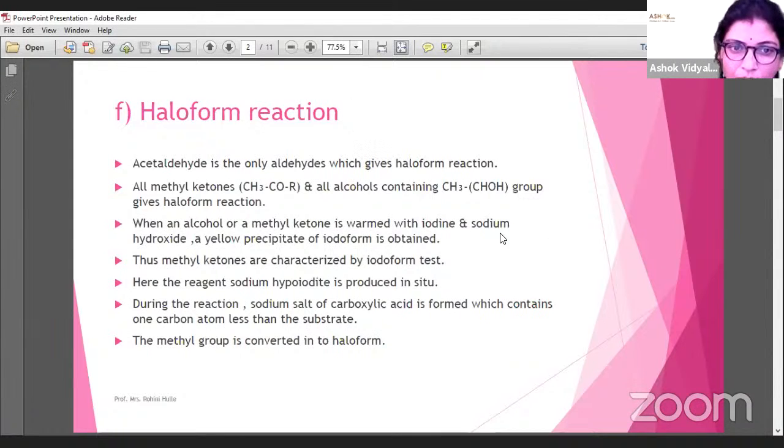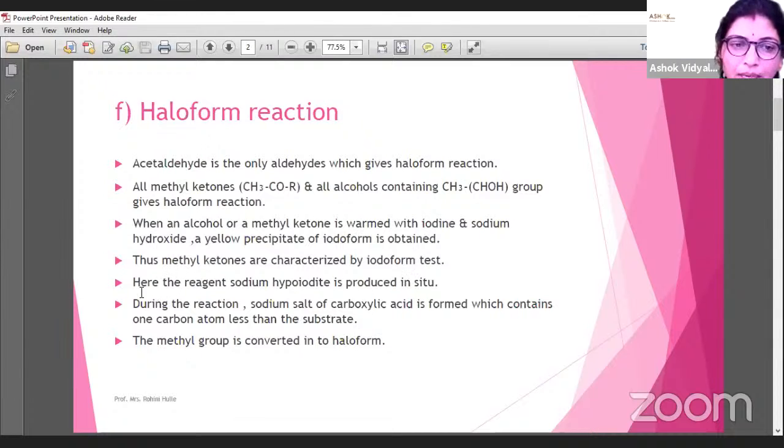This is the characteristic formation in the haloform reaction. Thus methyl ketones are characterized by the iodoform test.